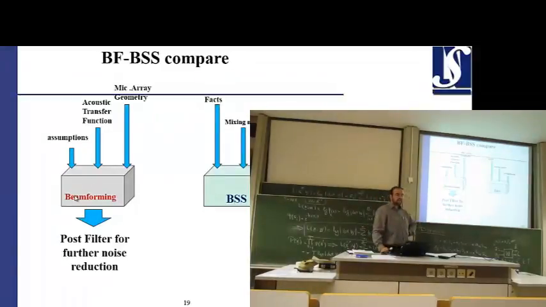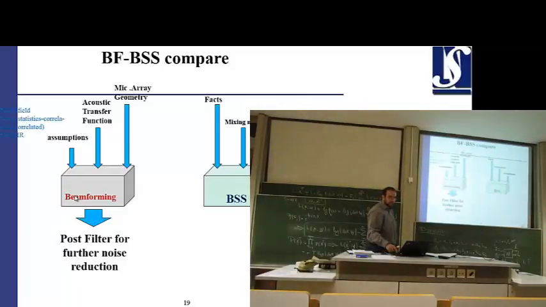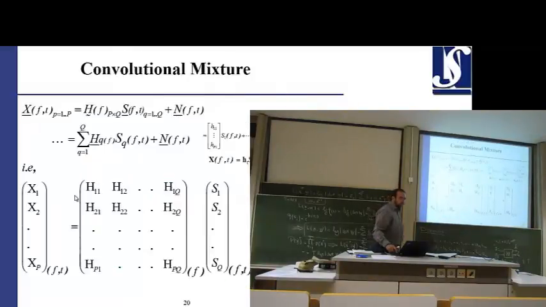In general, beamformer and BSS have many things in common. I skip over this slide because you can just go through it afterwards. For the convolutive mixtures, we have the most problem for the BSS. For the instantaneous case, you can use the ICA very easily.